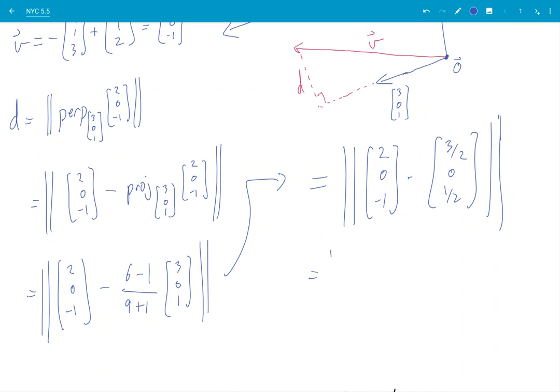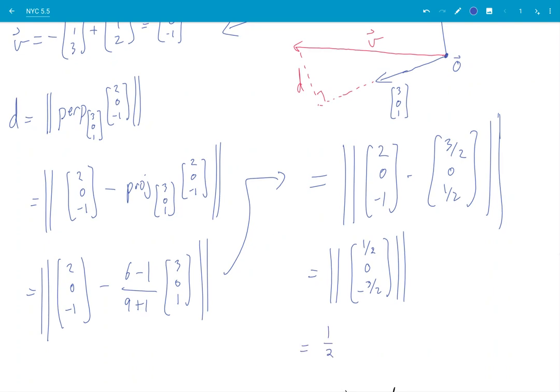Okay. 2 minus 3 halves is 1 half. 0 minus 0 is 0. Negative 1 minus a half is negative 3 halves. Now I'll sneak a peek at my answer. Yep, so far, so good. Remember to factor out the half. Otherwise, this becomes even more unpleasant. Half root 1 plus 9, which is root 10 over 2.